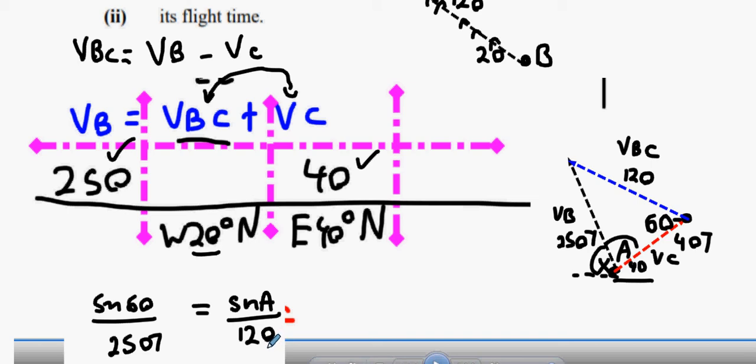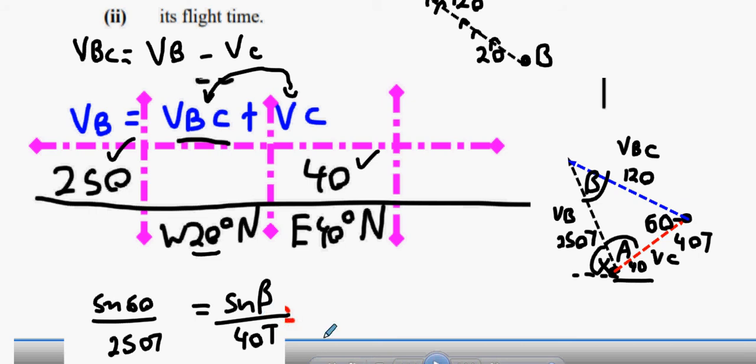T and A. Two variables, one equation, correct? But if I didn't use sine A over 120, but instead used the other angle, angle B, what happens? It's sine B over 40t. What happens to the t's?